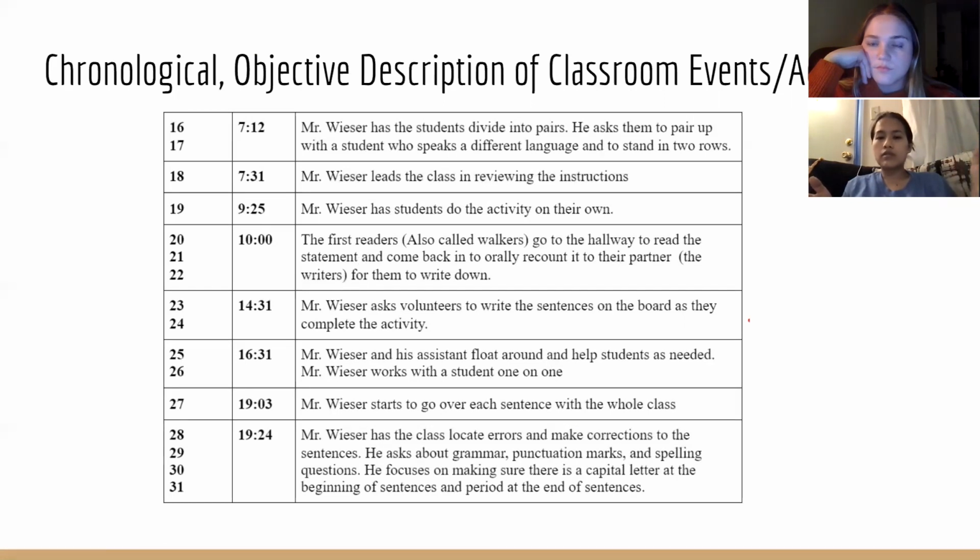The walker has to go read a certain sentence outside, on the wall or by the door, remember it in their head, and then tell the writer to write it down. The writer's goal was to write what the walker said, and that was the activity for this part.